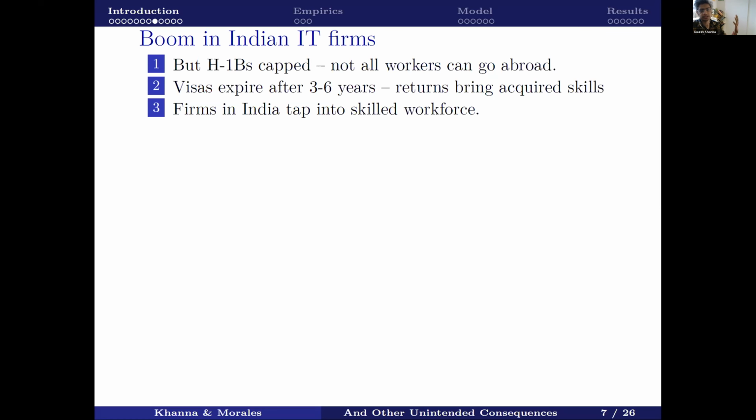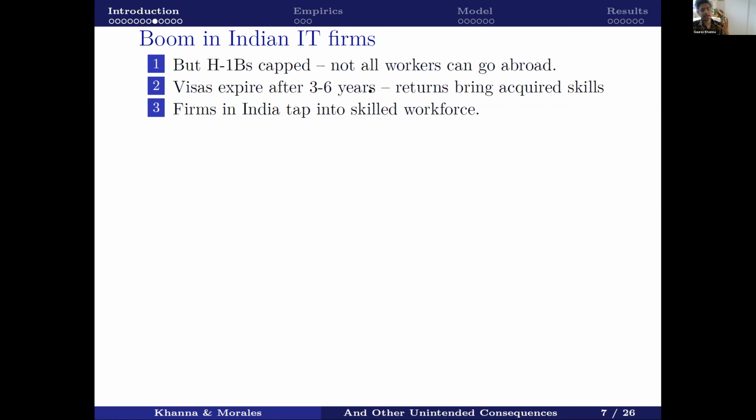I'd have to wait, say, 10 to 15 years before my green card could get approved. So because the visas expire, a lot of these individuals might have to return to India. So there's this brain circulation: when they return, having been trained for 6 years in Silicon Valley, they may go back and work in the tech sector in India with these new skills they picked up.